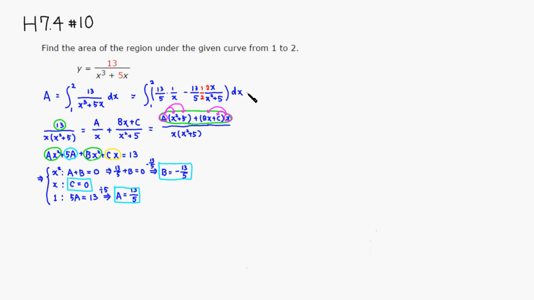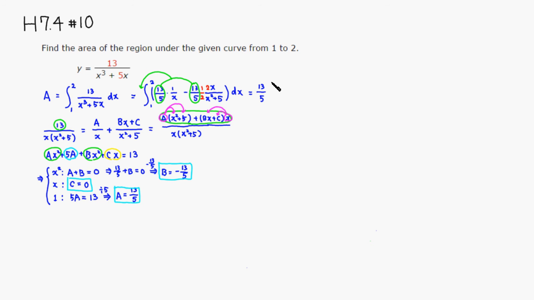First thing I would do is pull out 13 over 5. There's a 13 over 5 here and a 13 over 5 there, so I'm going to combine that and pull it out.